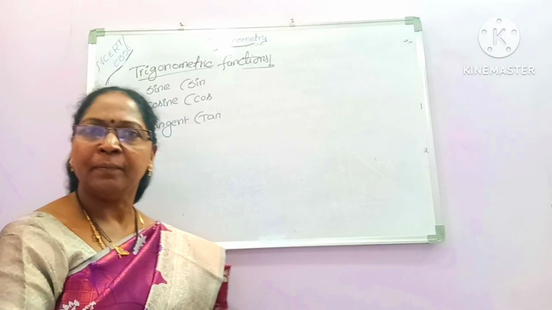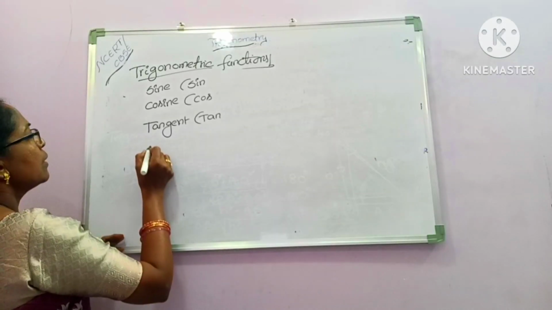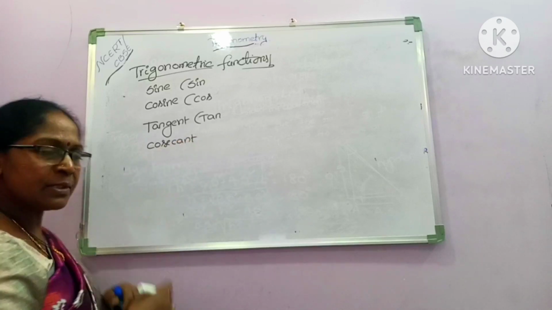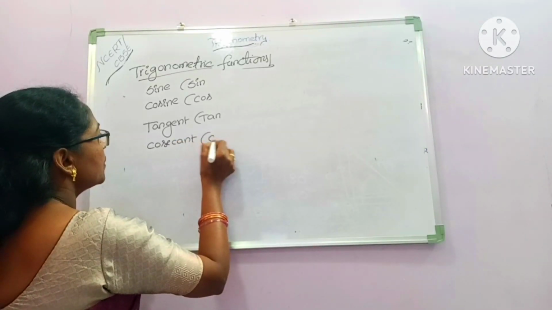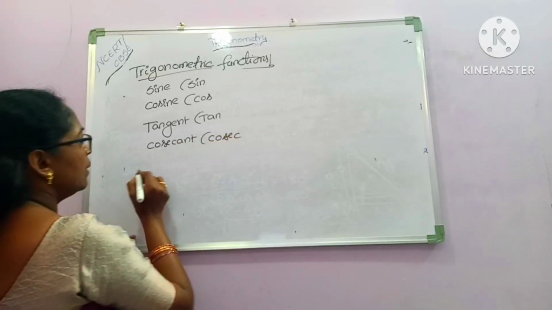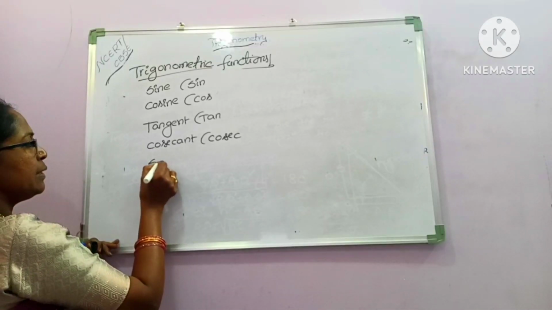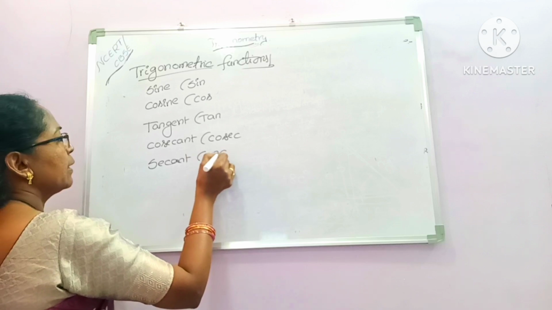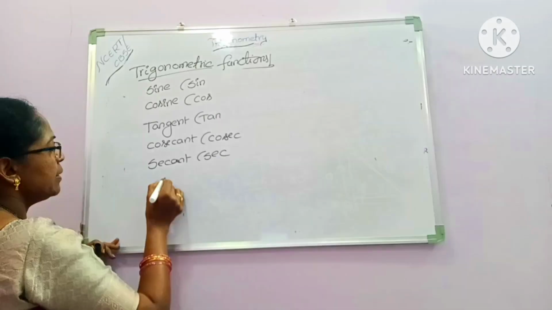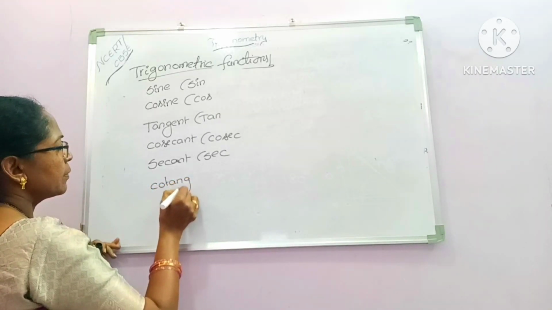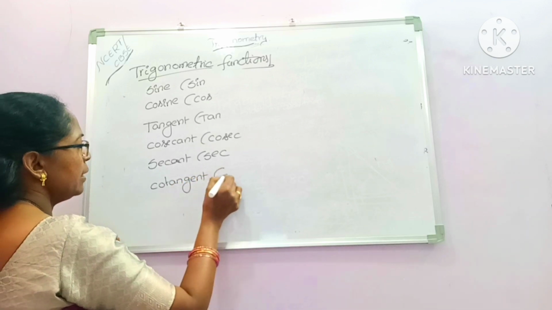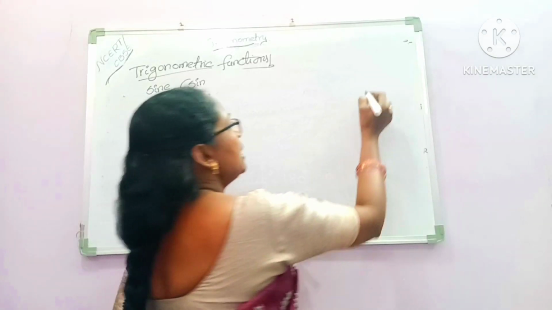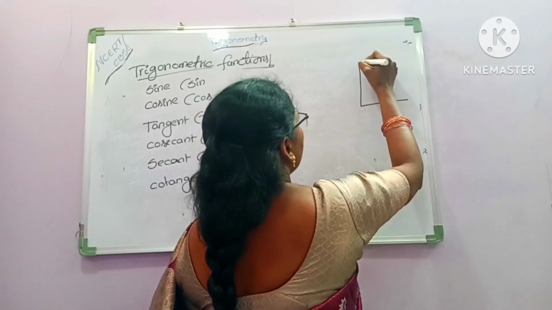Next one is cosecant, short form cosec. Next one is secant, short form sec. And the last one is cotangent, short form cot. So these 6 are the trigonometric functions.